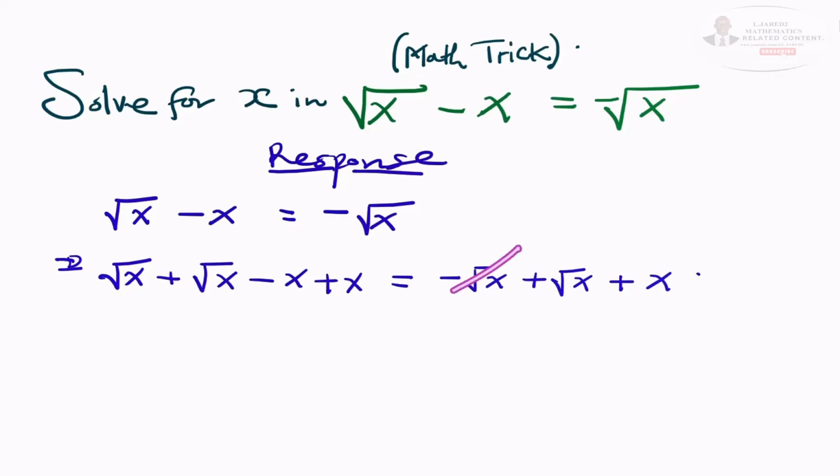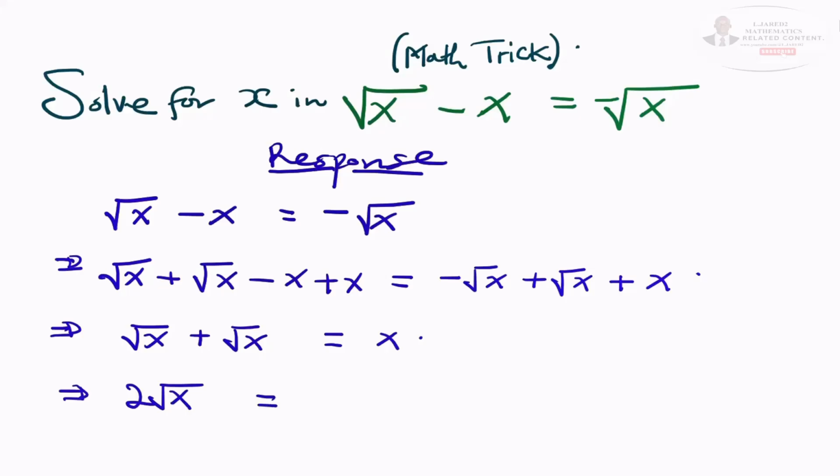This and this cancel from the right hand side, and this x and that x cancel out, so that we have root x plus root x equals x. These are like terms, so I can sum them to have 2 multiplied by the square root of x being equal to x.